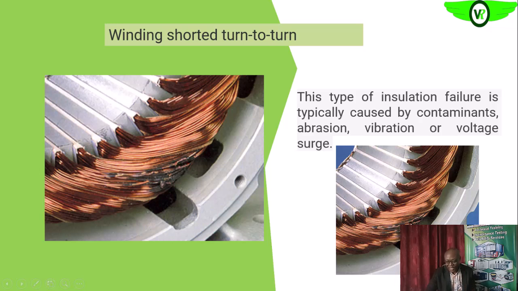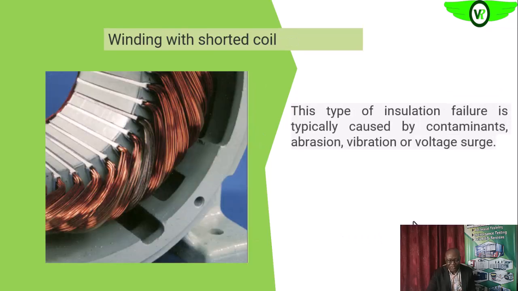That is what we are also seeing here. The same kind of set of problems can result in a turn-to-turn short. As we explained earlier, it is the same thing: contaminants, vibration, or voltage surge. Remember, there could be more than one set of coils that make up a winding.